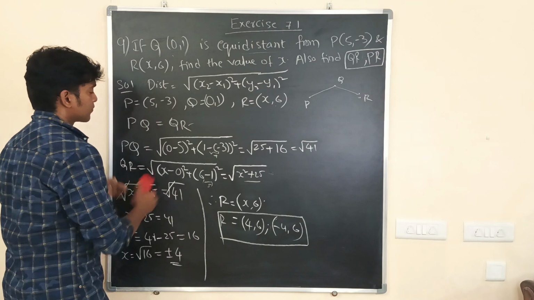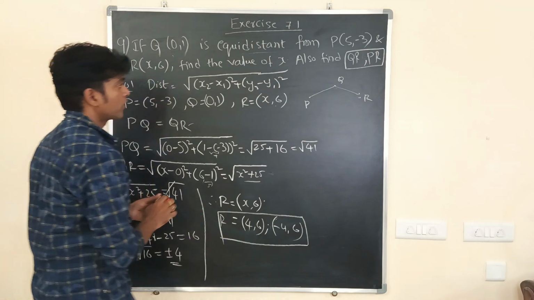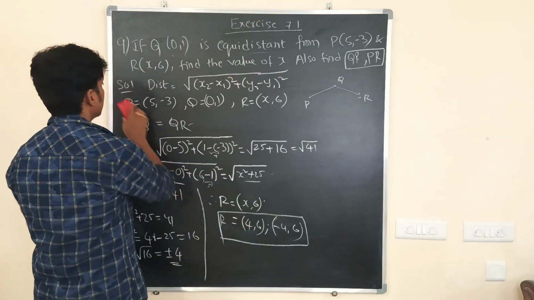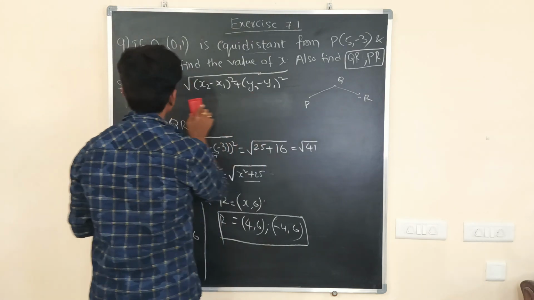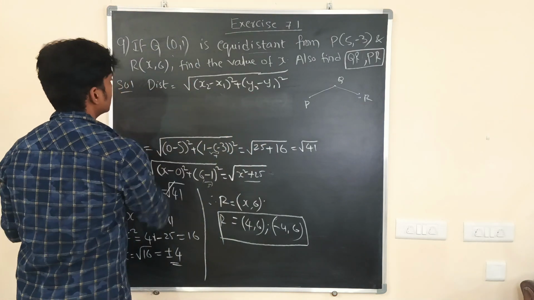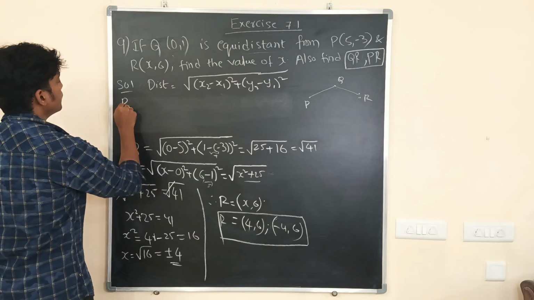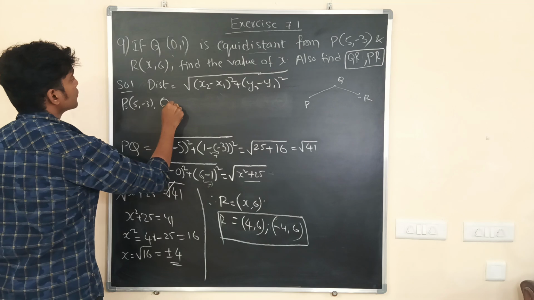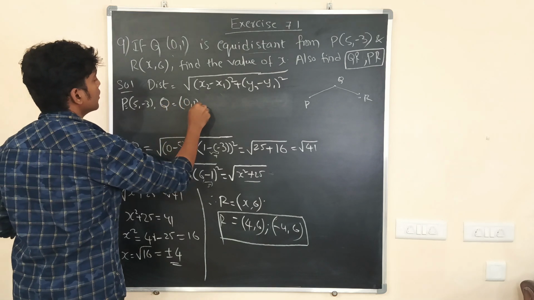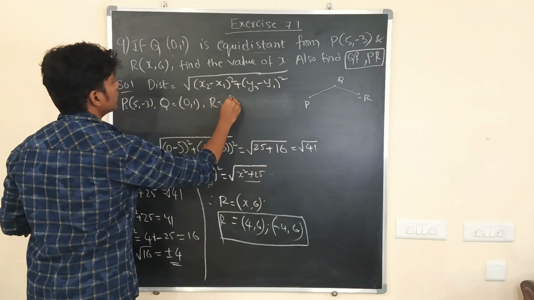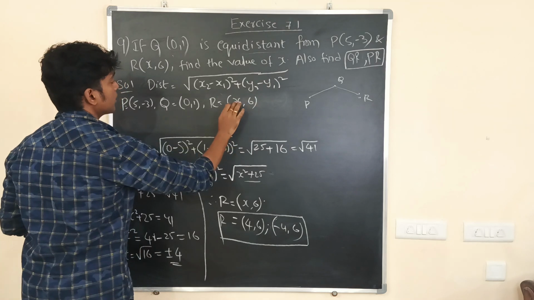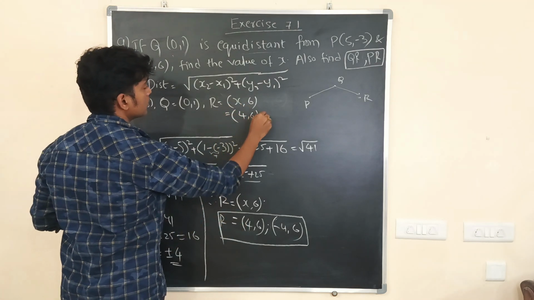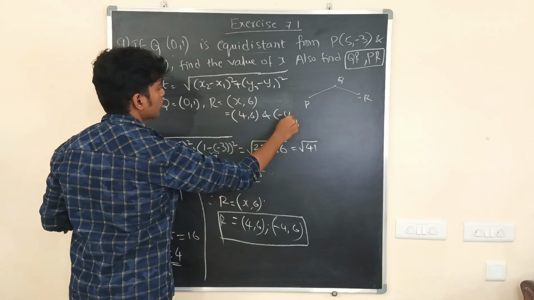Now the second part. Remember these values, or else we can write them here. P is 5 comma minus 3, Q is 0 comma 1, and R is equal to x comma 6, that is 4 comma 6 and minus 4 comma 6.